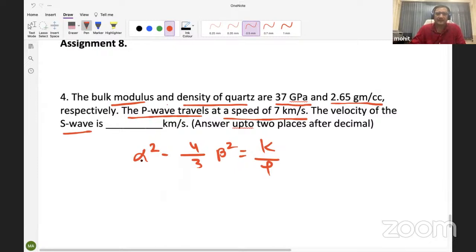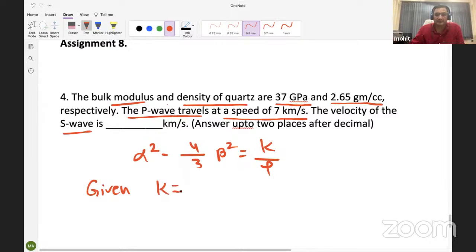So you know alpha is P wave velocity, beta is S wave velocity, k is the bulk modulus, and this is your density. So what is given?